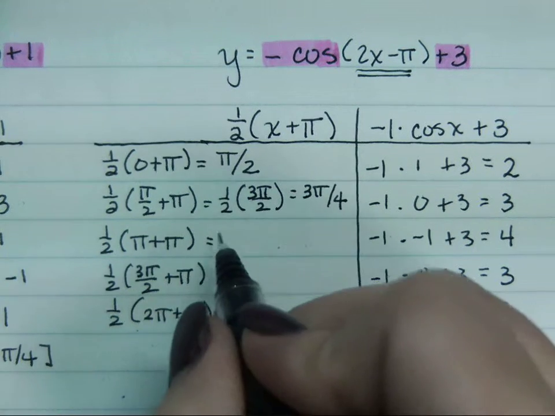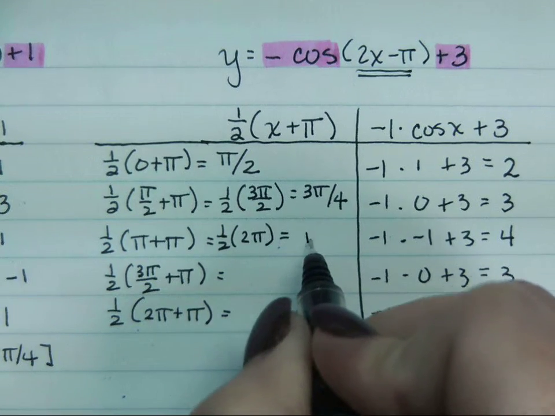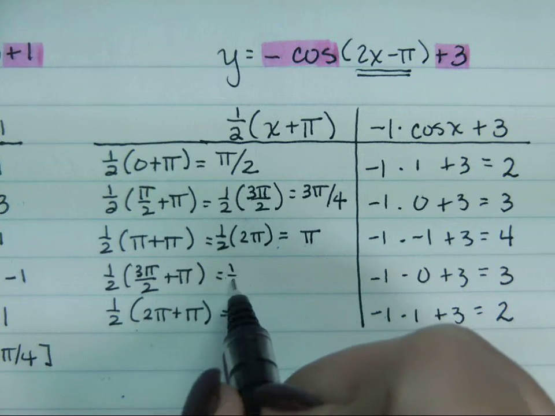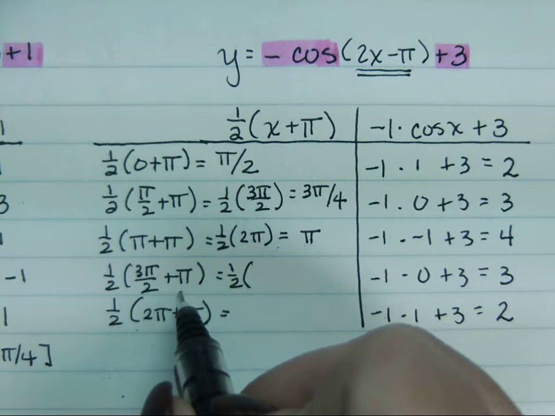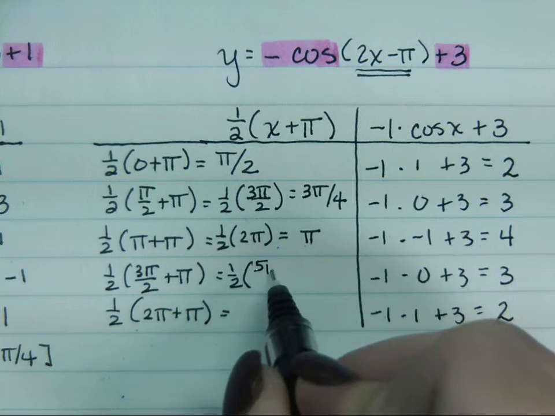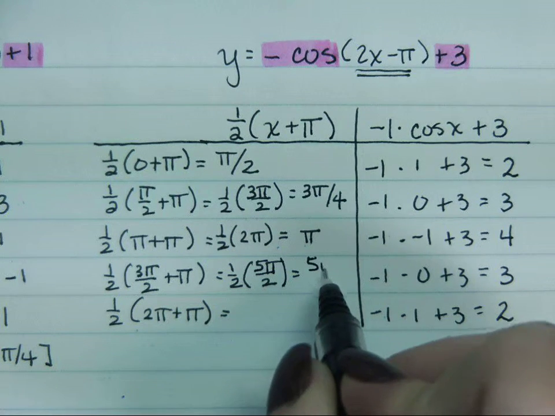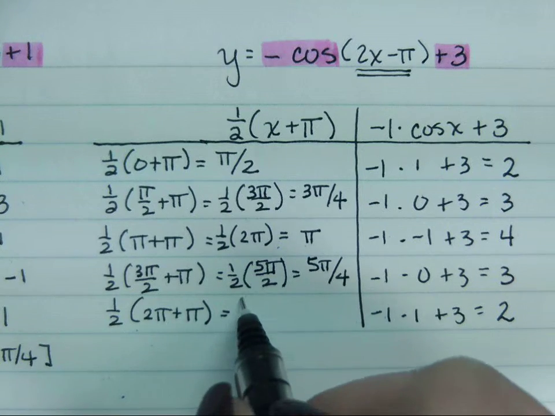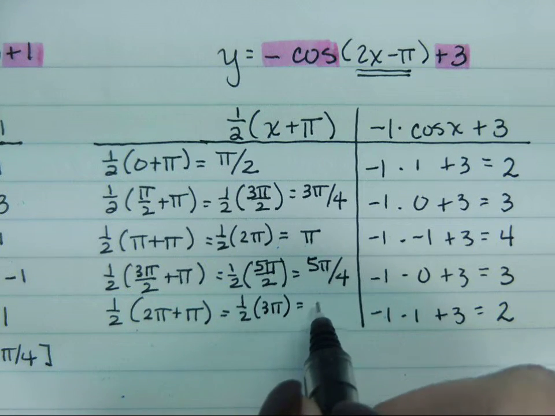Right. The next one is 1/2 of 2 pi, which is pi. Same thing here. Top and bottom by 2 means that in the numerator I'm going to have a 5 of the pi over 2's, which is going to give me a 5 of the pi over 4. Right. And then here I need 1/2 of 3 pi, which is 3 pi over 2.